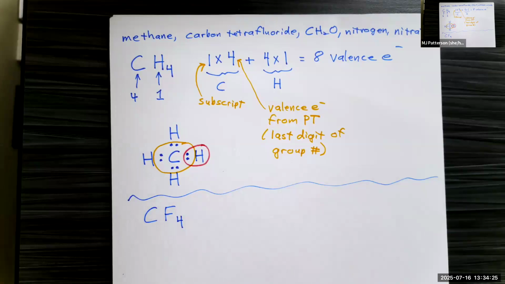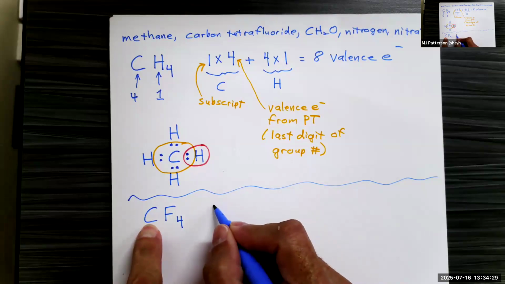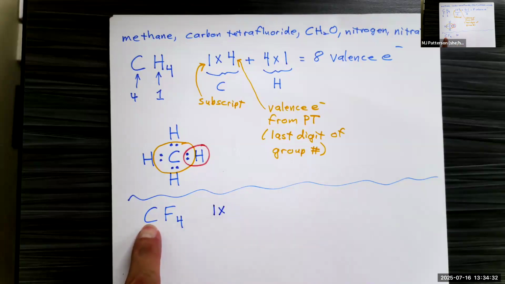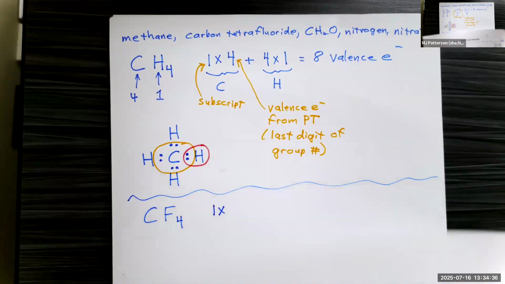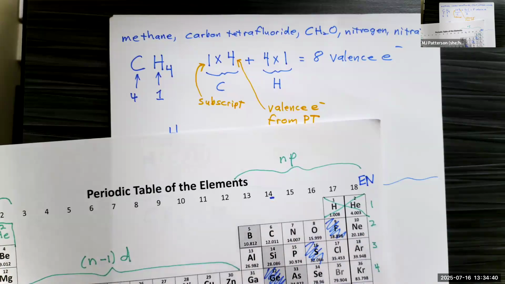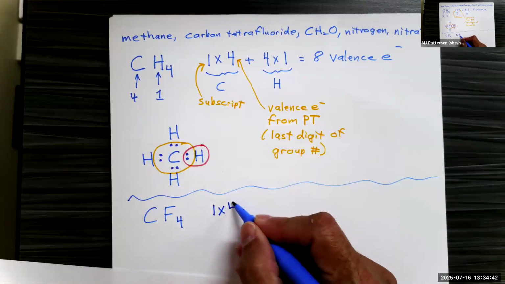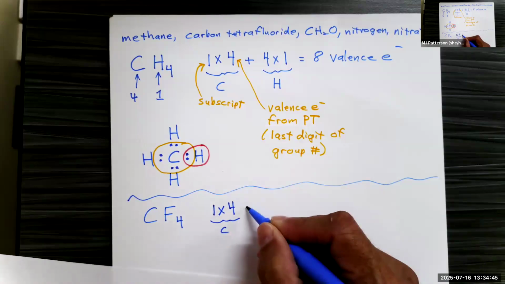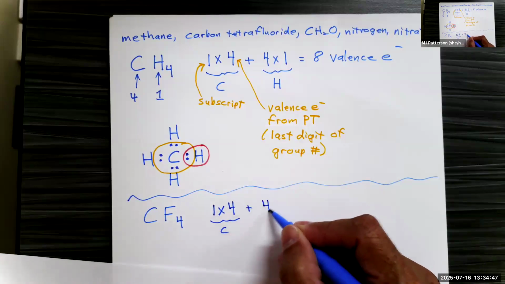Okay, so in this compound, we have 1 carbon. And in the previous problem, we said that carbon has 4 valence electrons. That's finding carbon in the periodic table and looking at the last digit of the group number. So 1 times 4, that's from the carbon. And then we have 4 fluorines.